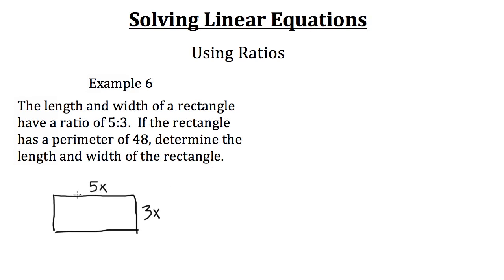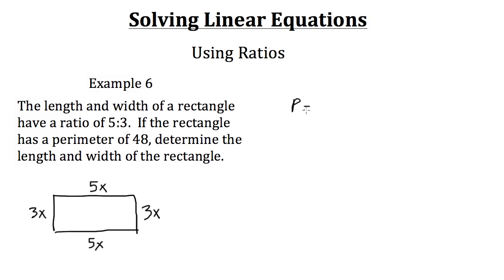So with perimeter, we need to add up all four sides. Now the length is 5x, which means the length over here is also 5x. And then same thing for the width. It'll be 3x. So if we want to get the perimeter, we would add all four of these together, all four sides.